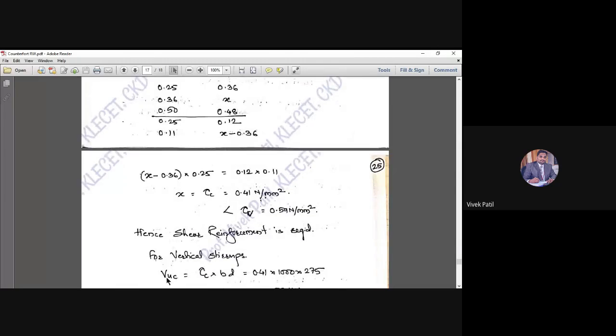For vertical stirrups, VUC, the shear force resisted by concrete, we will calculate, that is tau c into BD. Tau c we have calculated here 0.41 into 1000 into 250.